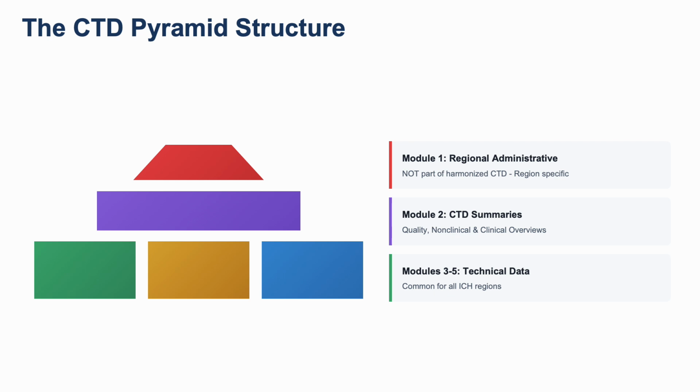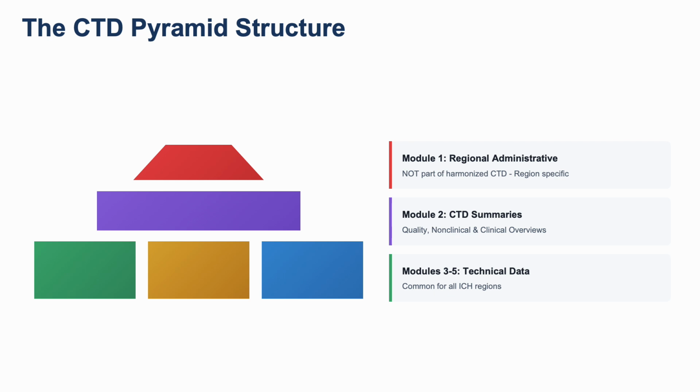Module 2, shown in purple, contains the CTD summaries including the Quality Overall Summary, Non-Clinical Overview and Summary, and Clinical Overview and Summary. These summaries provide high-level assessments of the data contained in the lower modules.